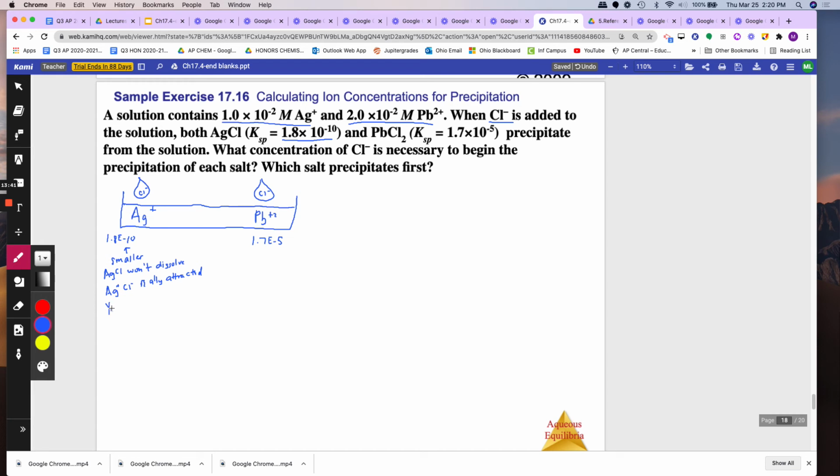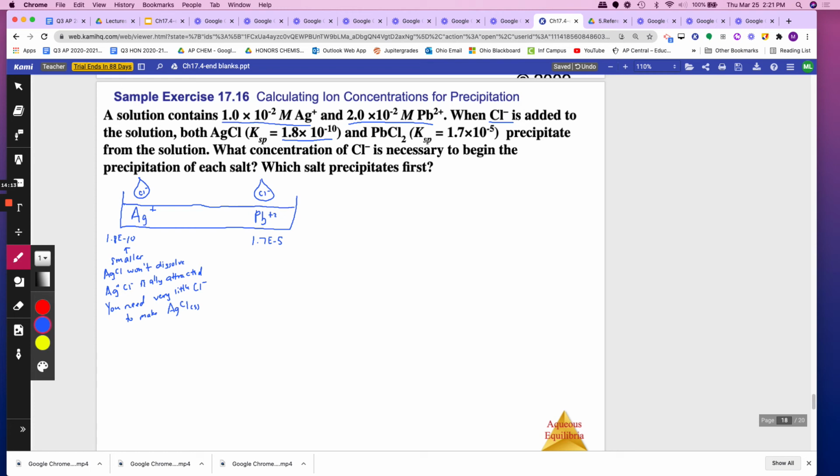You need very little Cl minus to make AgCl solid. Not much is needed, they'll turn into a white solid. And this one, compared to this one, you don't need as much. You need very little. This one you'll need more because you can dissolve more of it.